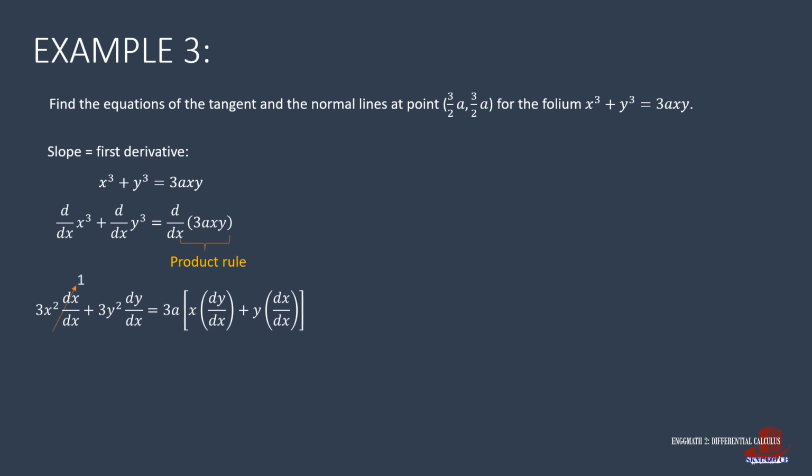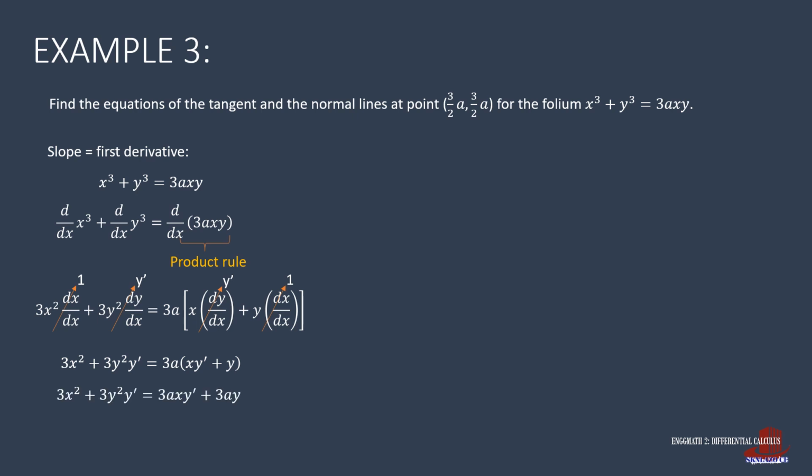Again, dx over dx is 1, and dy all over dx is y prime. So the equation is simplified as 3x squared plus 3y squared y prime is equal to 3a times the quantity of x y prime plus y.